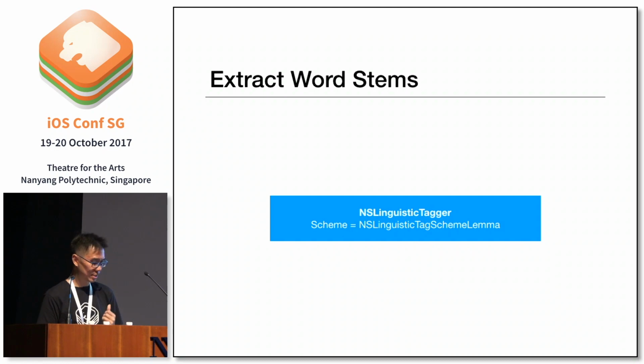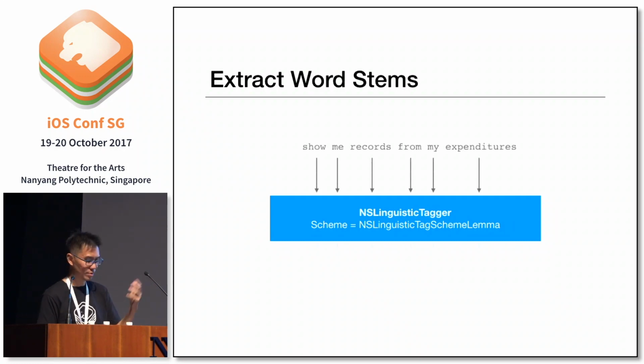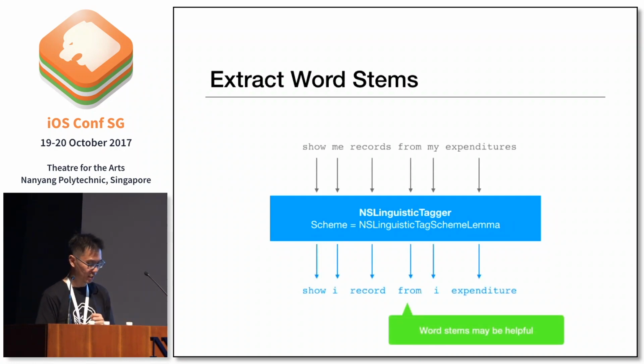Now, if the tag scheme is lemma, then what we're asking the tagger to do is to return to us word stems. So this is the input, and this is the output. Okay. Now, word stems may be helpful to your use case. In our app, we actually use word stems to reduce overfitting when trying to perform recognition.